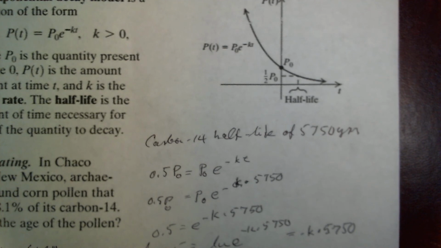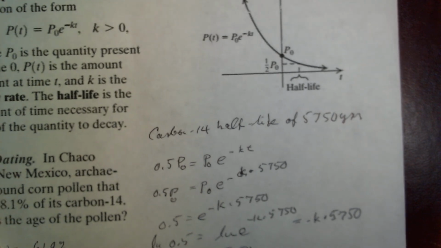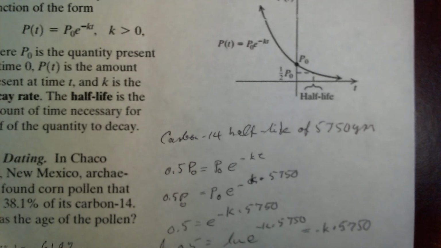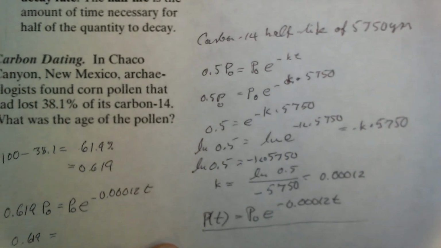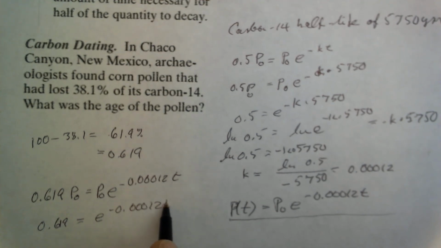In other words, we have the formula 0.619 of p sub 0 equals p sub 0 times e to the minus 0.00012 t. The p sub 0s cancel out, so we have 0.619, what's left over, equals e to the minus 0.00012 t.